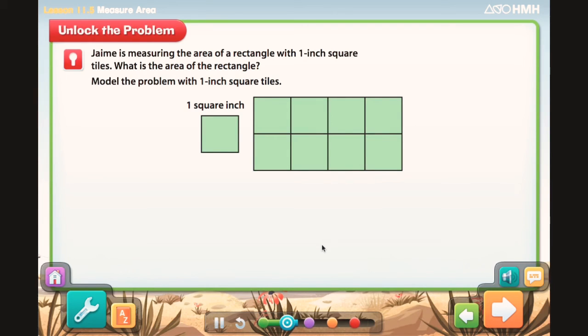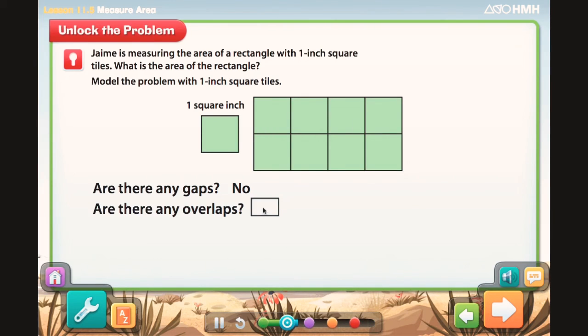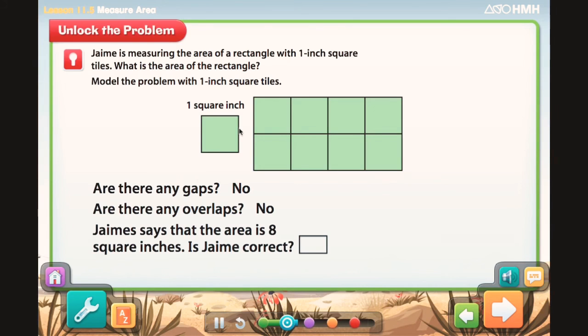Do we see any overlaps? Nope. Do you also notice how all of the squares are represented exactly the same? We didn't overlap, we didn't leave any gaps. So the correct area for this rectangle would be 8 square inches.